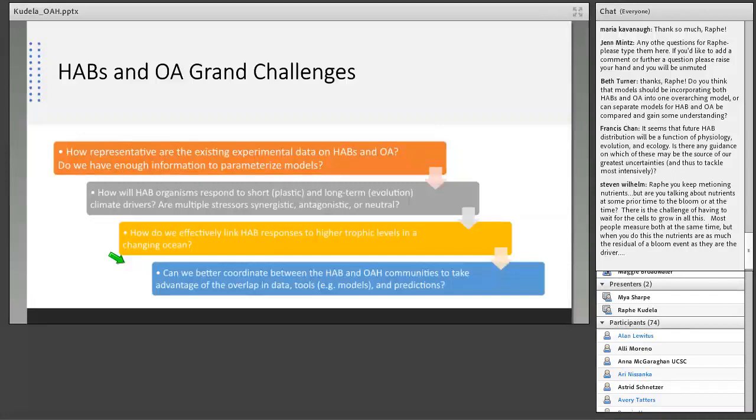The interest in nutrient sources is being driven from a question of how anthropogenic nutrients are driving ocean acidification, but you don't have to pay anything at all to take that data and ask the same question about HABs. And so I think there's synergy there where you can add HABs to existing models, but you could also just take the output from that model and look at it to understand HABs.